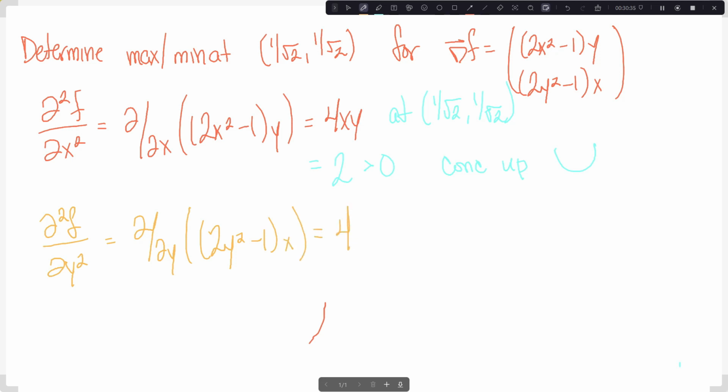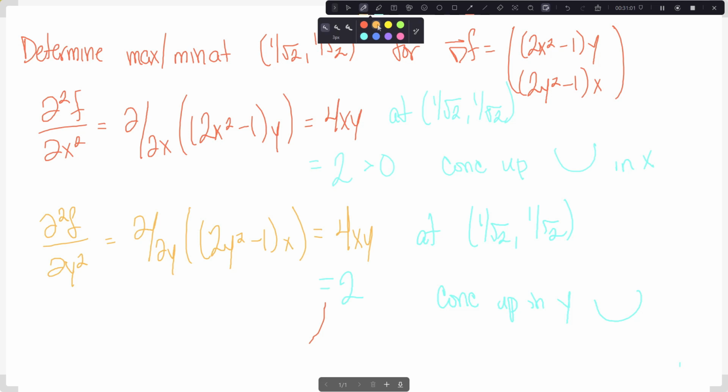And that's going to give me 4xy yet again, which at 1 over root 2 is equal to 2 as well. So we are also concave up in y. Okay, so if we're concave up in both directions, that's very clear about whether I'm a min or max, thus a minimum.